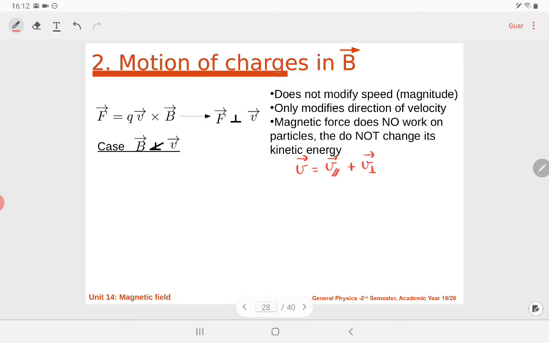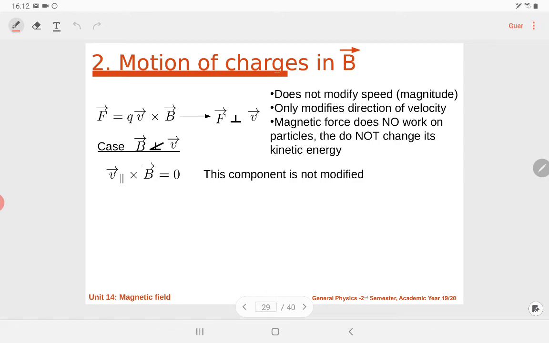For the parallel part, the cross product between it and the magnetic field is 0, so this component is not modified, neither in speed nor in direction.